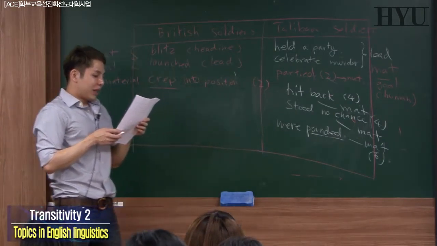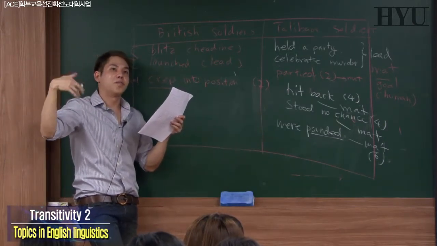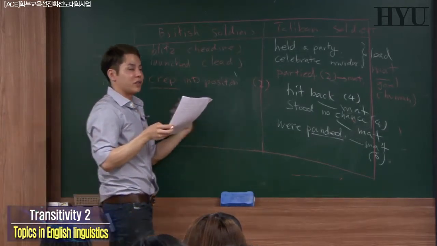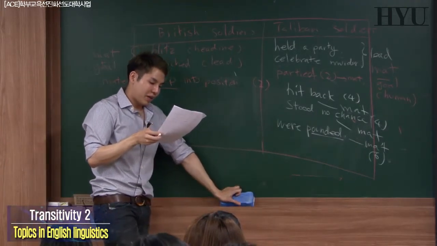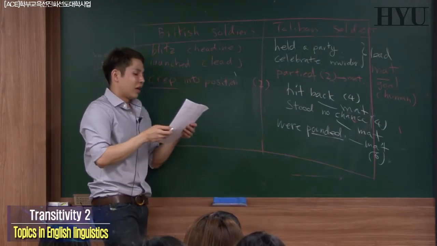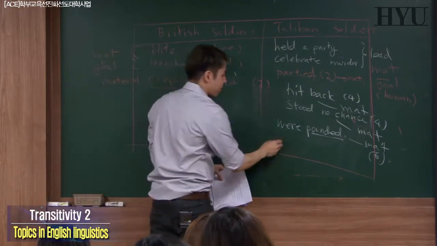Number 7, two bloodthirsty revelers. Revelers are people who are being so happy, party goers, very happy, trying to creep towards our boys. So referring to the Taliban soldiers again, trying to creep.